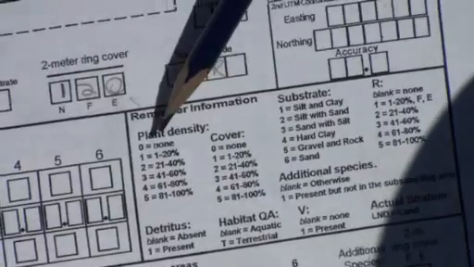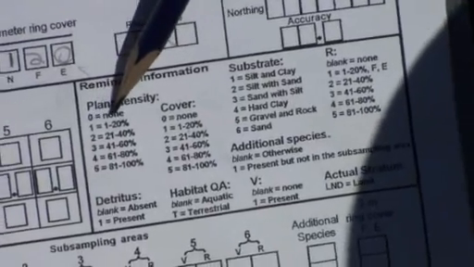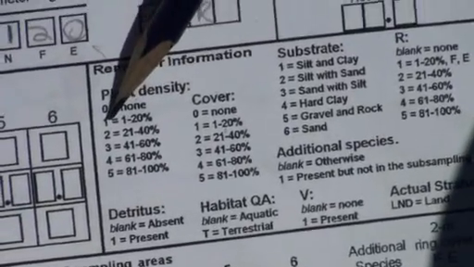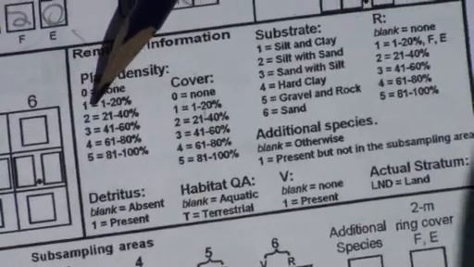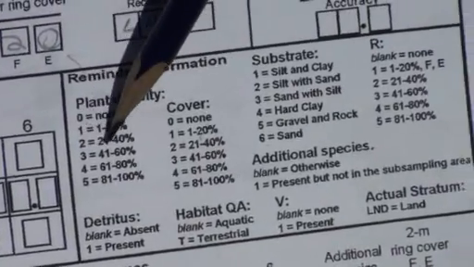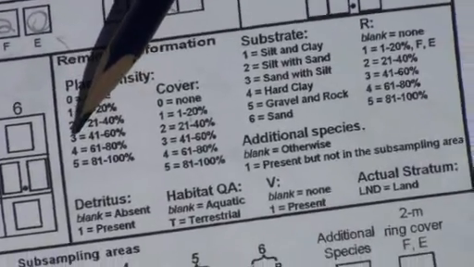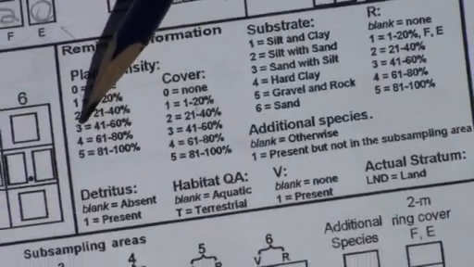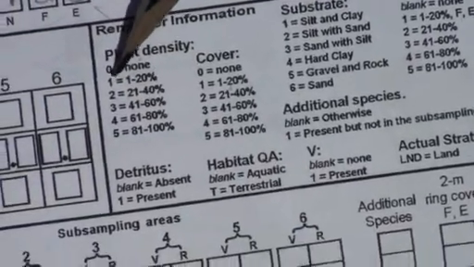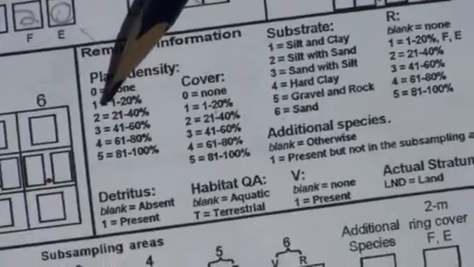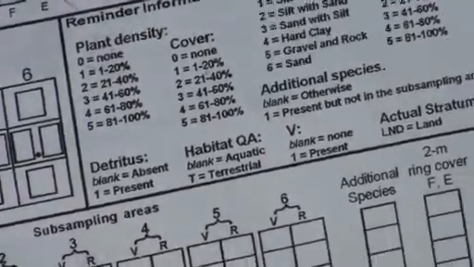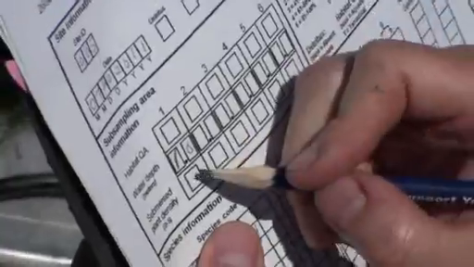And we find plant density 0 means there isn't any submerged plants. If it goes up to the 1 on the rake, it's 1 to 20%. 2 is 21 to 40%. 3 is 41 to 60%. So we basically look, is it between or below the 1 mark, the 2 mark, the 3 mark, and we got it at the 3 mark. So we put 3 in there.